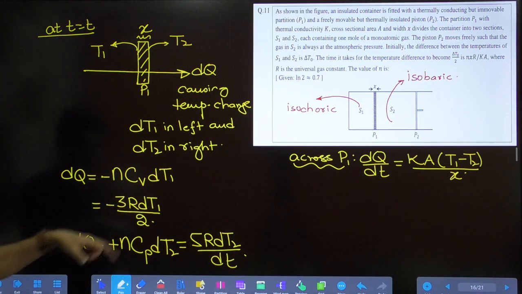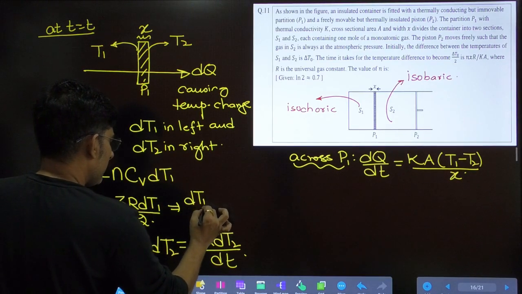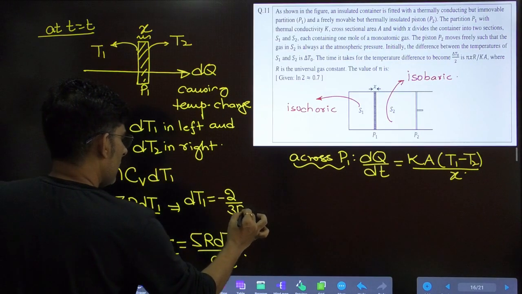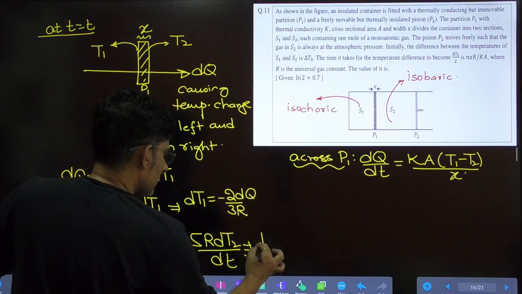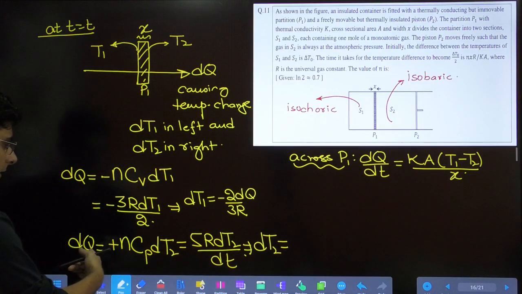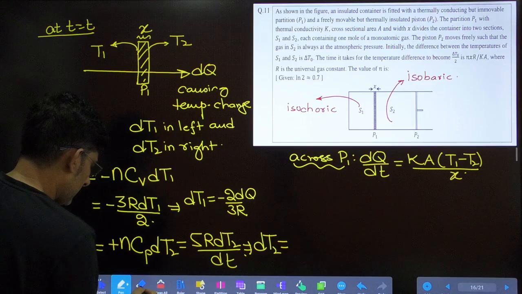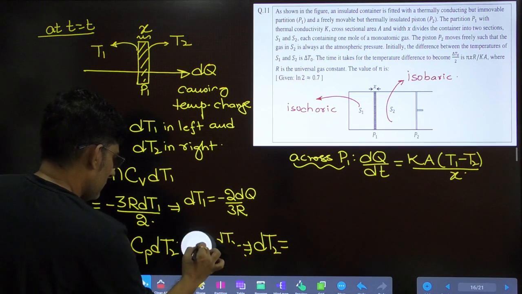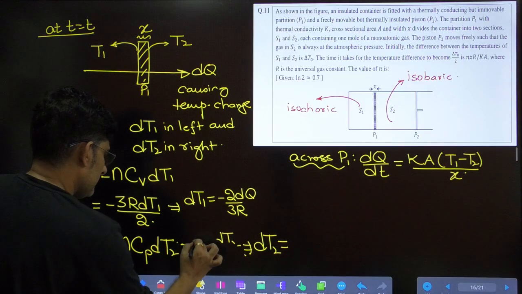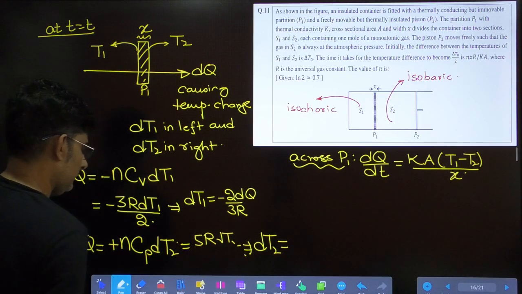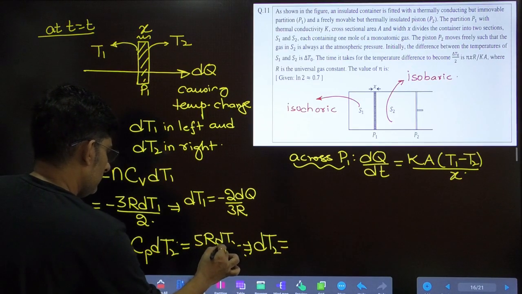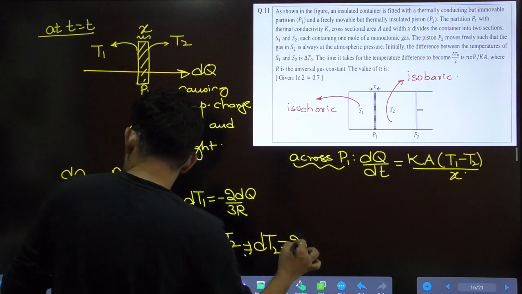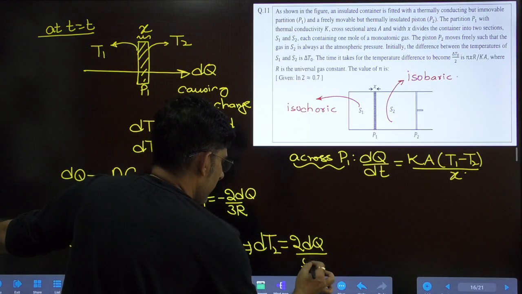See, from this equation we can find dT1 and write it as minus 2 by 3R dq, and from here dT2 I can write as, I'm sorry, here I think I have put one extra value, dT2 will become 2 dq by 5R.